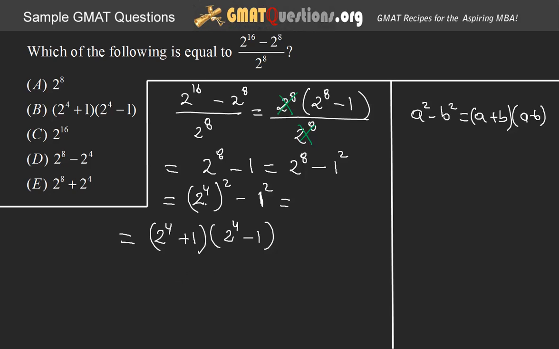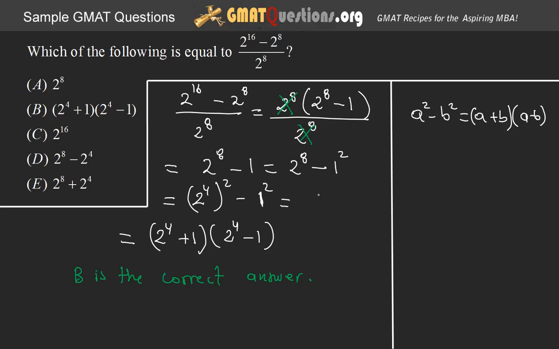The role of a is being played by 2^4, and the role of b is being played by 1. I hope you got it by now. Great, and this is our answer, and it's definitely B. Let's write it down. B is the correct answer.